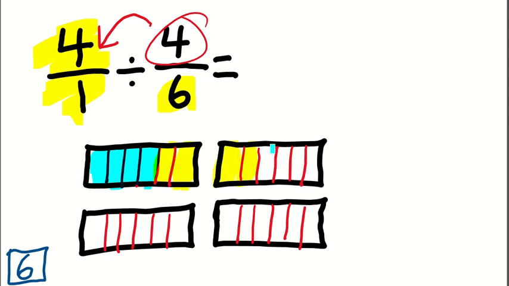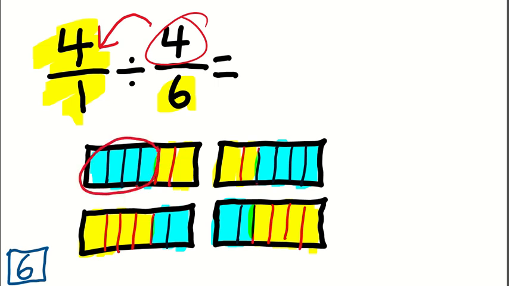That's 2 groups. 3 groups. 4 groups. 5 groups, and then our final group is going to be 1, 2, 3, 4. So 6 groups. See? Looks like we proved it.